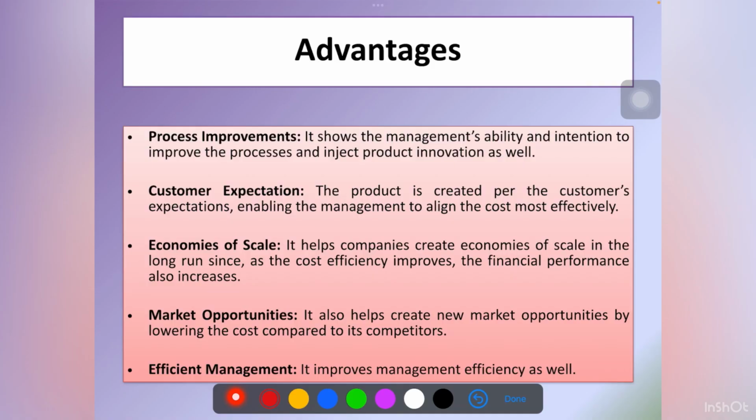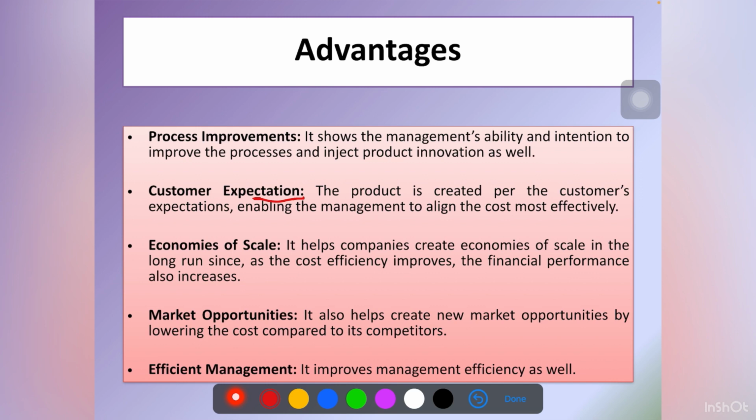There are the advantages of target costing. First is process improvement. That means from the initial stage till the product has been sold, we try to continuously control the cost. Then customer expectation. The product is always manufactured according to the customer expectations so as to sustain in the market. Next is economies of scale.